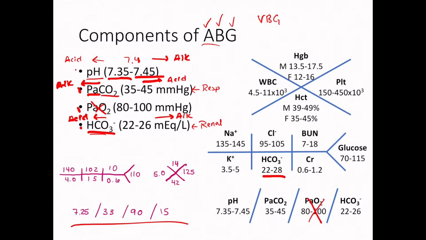Whenever the primary disturbance is a PaCO2 problem, it's usually known as a respiratory, versus if it is primarily a bicarbonate problem, it is known as a metabolic. So whenever we think about metabolic versus respiratory acidosis and alkalosis, this is what you're going to be thinking about, whether the primary problem is the bicarbonate or the CO2.